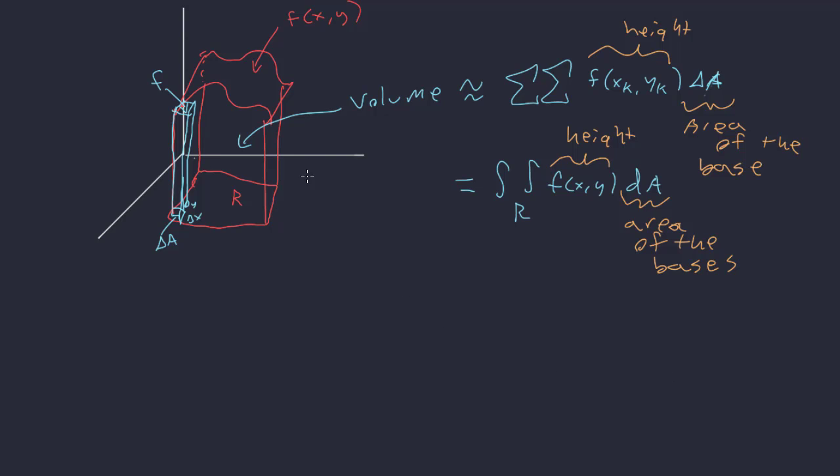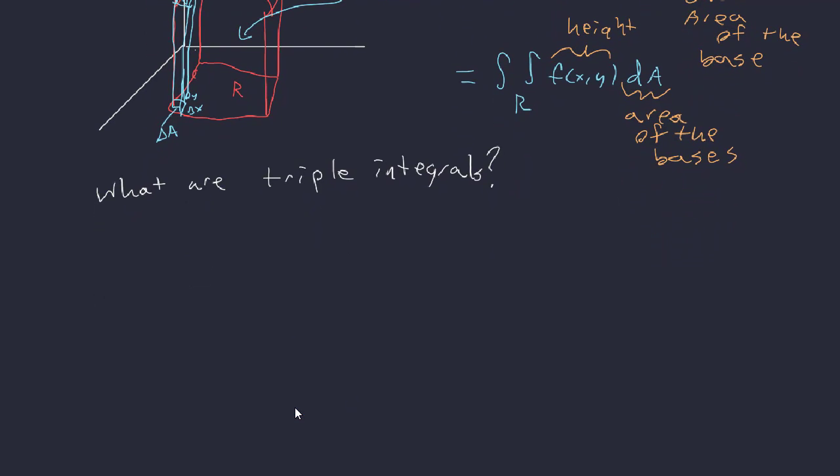So how do we jump from this to triple integrals? All right, so what are triple integrals? Okay, so to imagine what triple integrals are, imagine a solid S in 3 space.